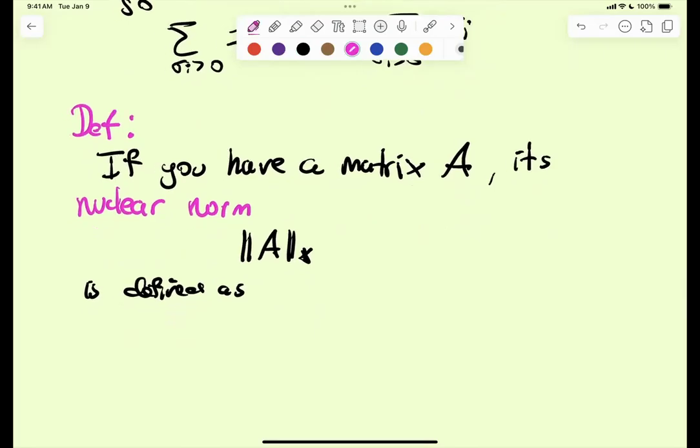It's basically the sum of all the positive singular values. Obviously, if the singular value is 0, it doesn't count. So you can just say it's the sum of all the singular values if you prefer. It doesn't make any difference if you add the ones that are 0, so you might as well just add up.